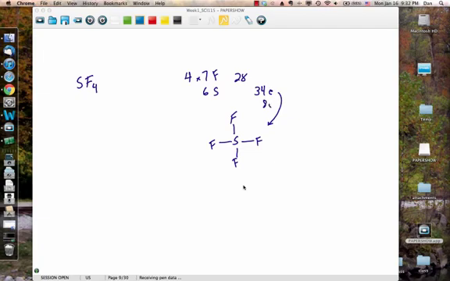We use 8 for the bonds, leaving us with 26 electrons to distribute. 1, 2, 3, 4, 5, 6. 1, 2, 3, 4, 5, 6. 1, 2, 3, 4, 5, 6. That's 24 electrons, leaving us with a single pair of electrons localized on the sulfur. If we do a quick check, we see that all of our atoms have the correct number of valence electrons.